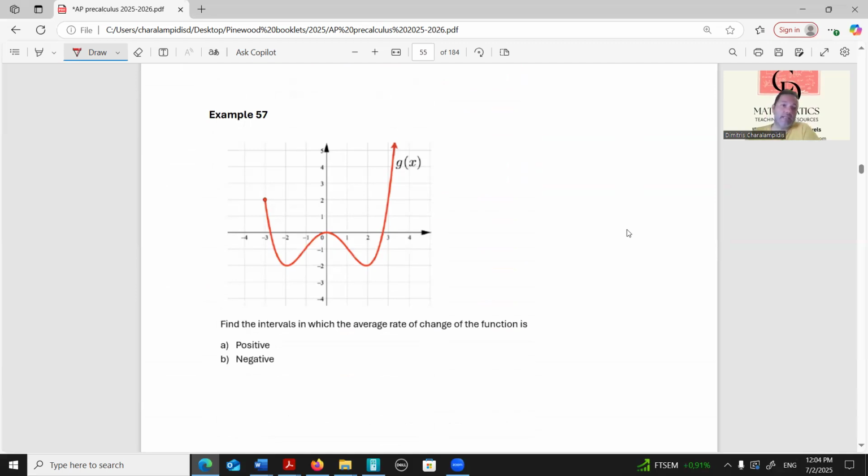We just said we should always do this translation. Average rate of change positive means f is increasing.